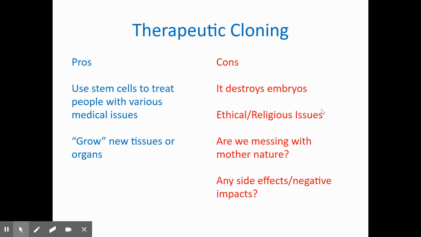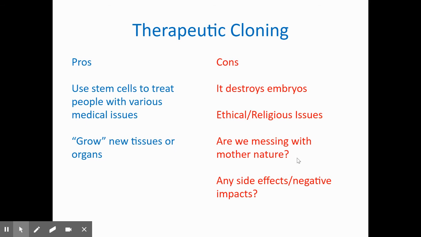And then the other thing with therapeutic cloning is, are there any negative impacts? For example, there was a study done with rats that had spinal cord injuries, and they used stem cells that were cloned to help repair the spinal cords of these rats.